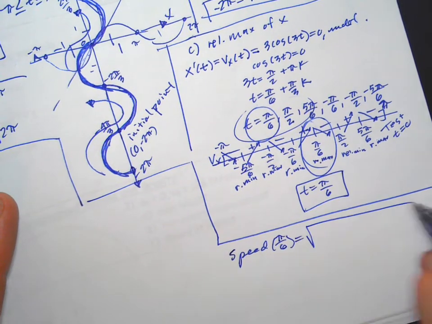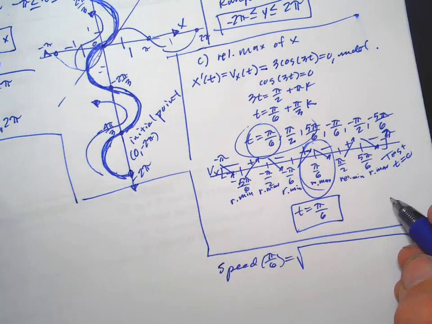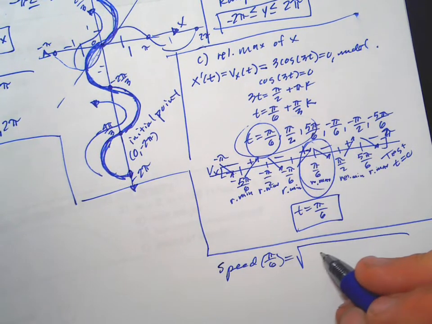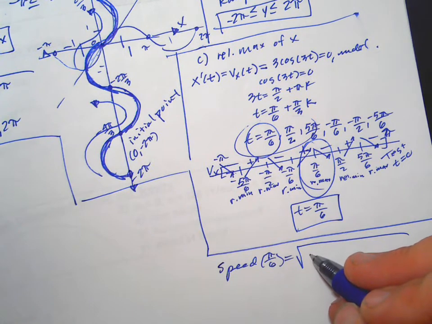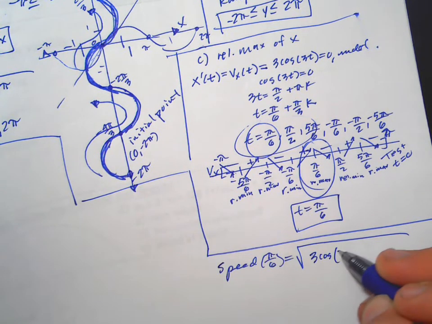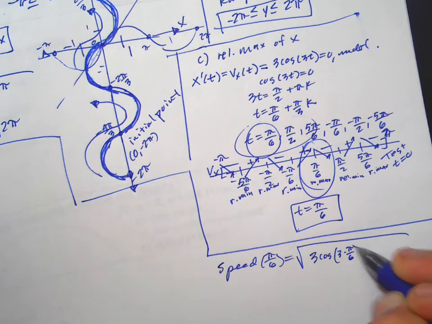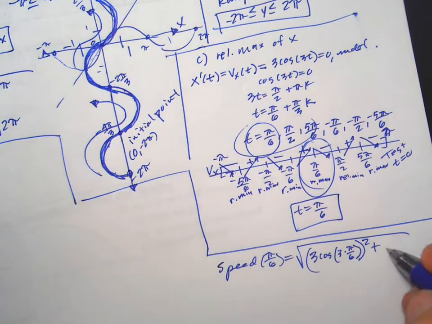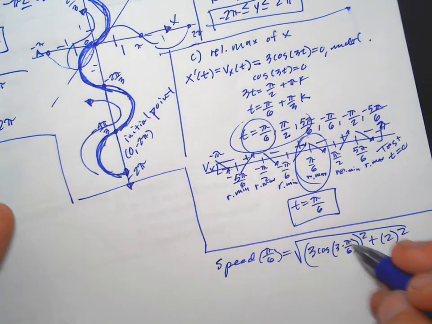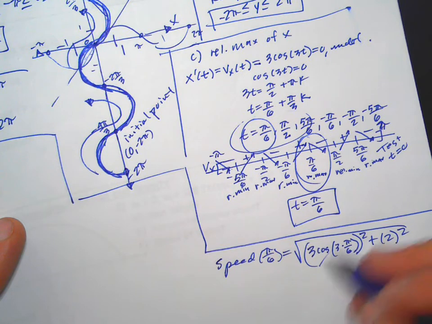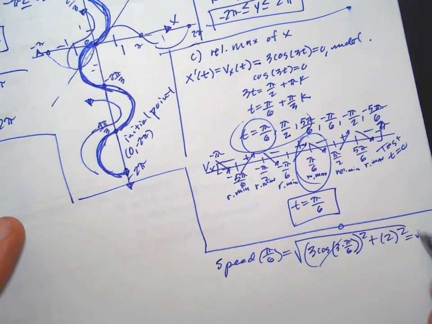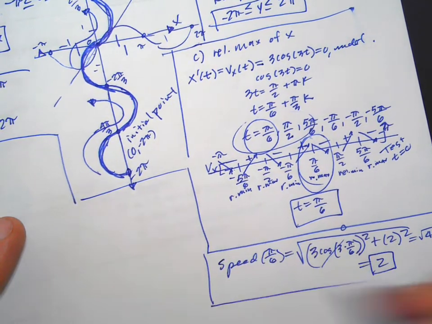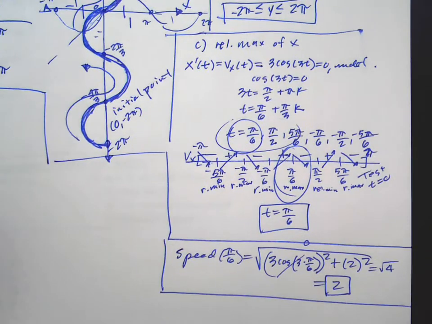So that's going to be the square root of dx/dt, which we just found was 3 cosine 3t, squared, and then dy/dt is just 2. Now, this is going to be pi over 2. Cosine pi over 2 is 0. So this is going to be the square root of 4. So it's actually going to be a really nice answer, too. Easy without a calculator, right? There you go. 2.